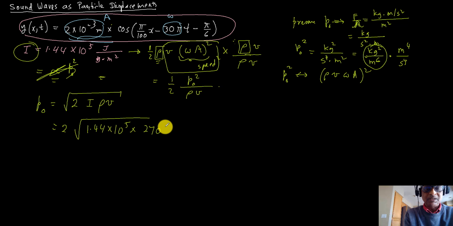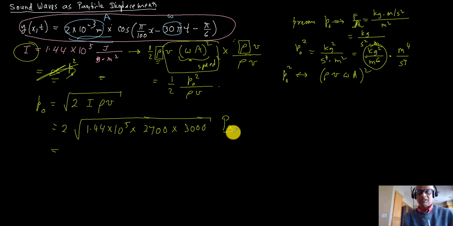Density was 2700 in these units, and V was 3000 in these units. So I should get the pressure in the unit of Pascal.